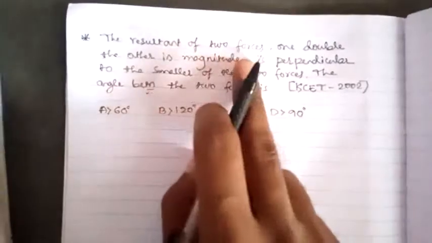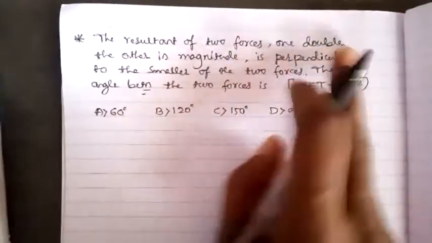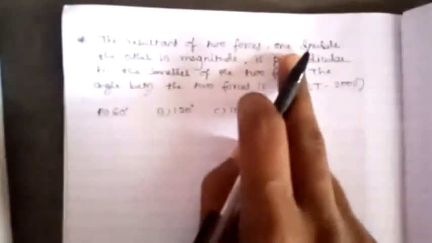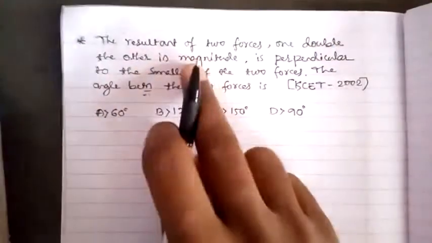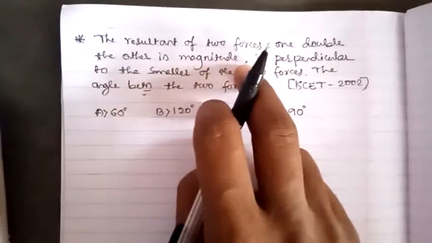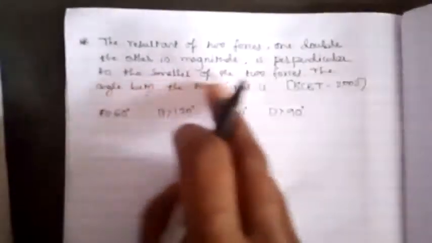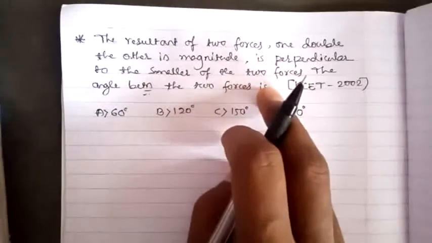the resultant of two forces, one double the other in magnitude. One force is taken as F, the other force is taken as 2F, because one force is double the other in magnitude. The resultant of these two forces is perpendicular to the smaller of the two forces.